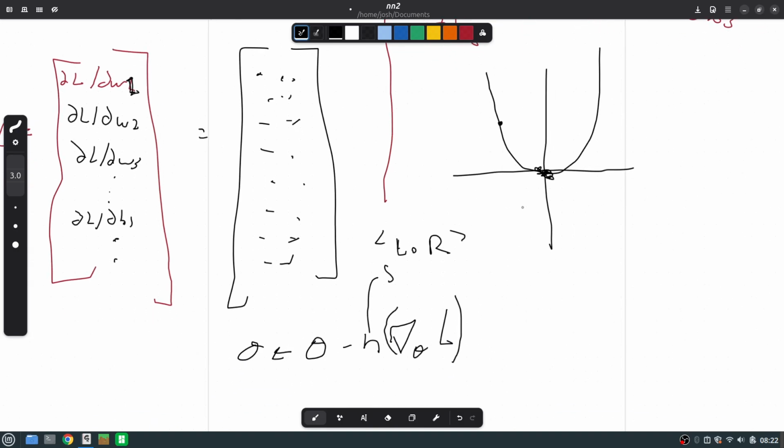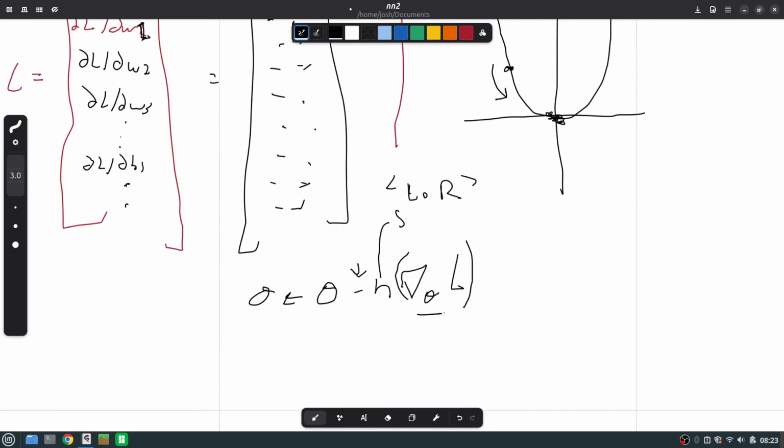And so you're going to take the negative of that. Hopefully that's clear as to why you're doing that. So that's why you're seeing this negative sign here. We want to go in the opposite direction. If we have the direction of steepest ascent, we want to move downwards towards the direction of steepest descent, okay? So hopefully that's clear.